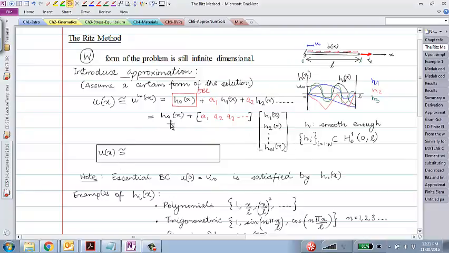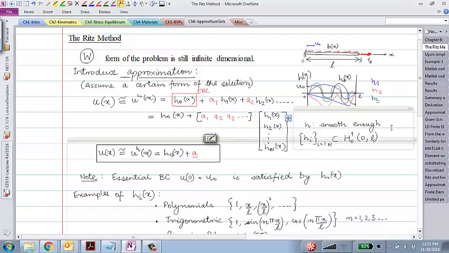Okay. So in essence, if we do that, then we get the approximation that u of x is approximated with u h. H is supposed to denote that this is an approximation. u h of x equals h0 of x plus a vector transpose times h vector of x.